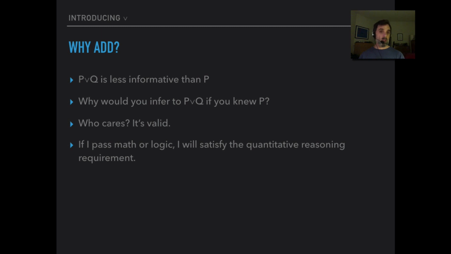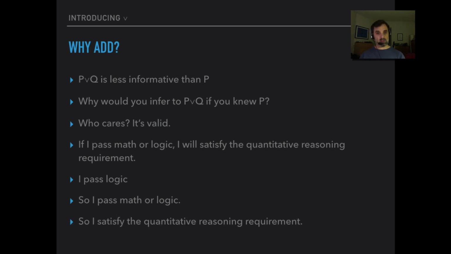So I might think, well, if I pass math or logic, then I will satisfy the quantitative reasoning requirement. Say I pass logic. Well, I should be able to infer from these that I will satisfy the quantitative reasoning requirement. How does that work? Well, one way to do it would be to say, if I pass logic, then I pass math or logic, and that means the antecedent of this conditional is true, and so the consequent is also true.